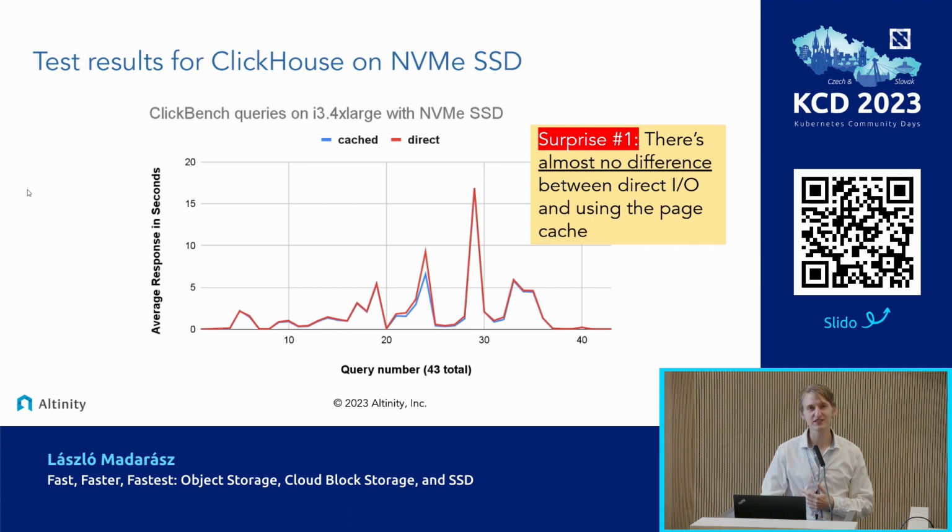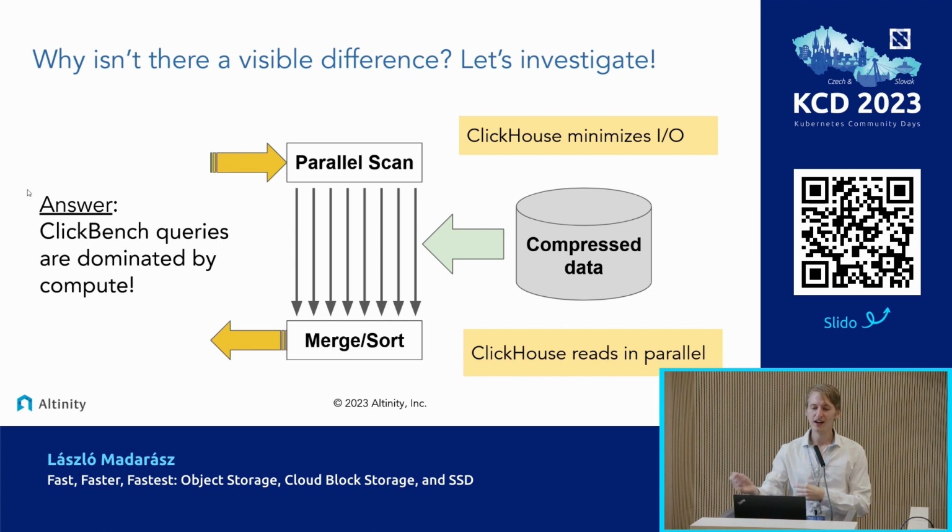Why doesn't it work like this here? It makes a huge difference what kind of database you have and how you use it. ClickHouse already minimizes input and output operations, and provides a lot of small tools that speed up the whole process. Basically, it's a substitute for operating system cache.